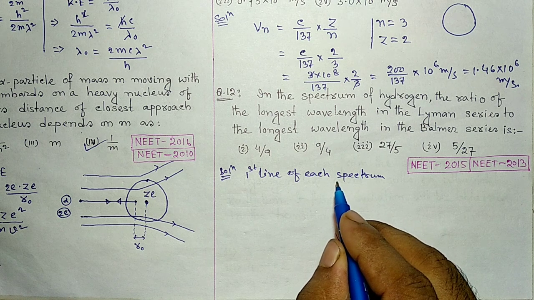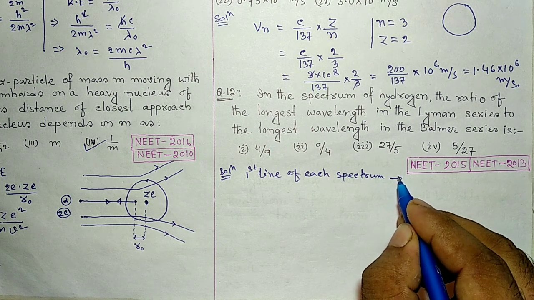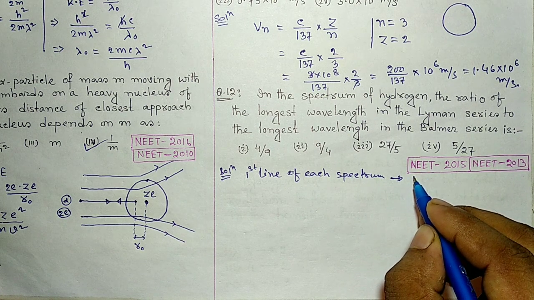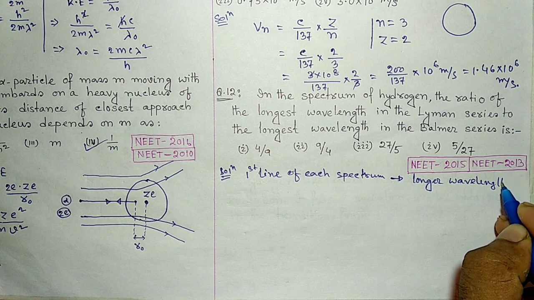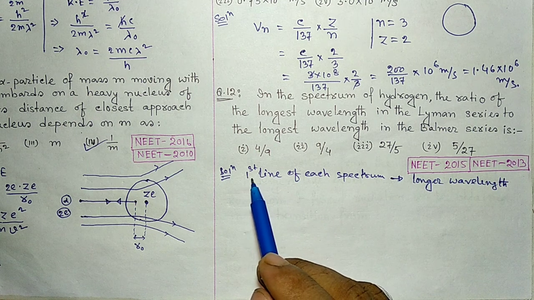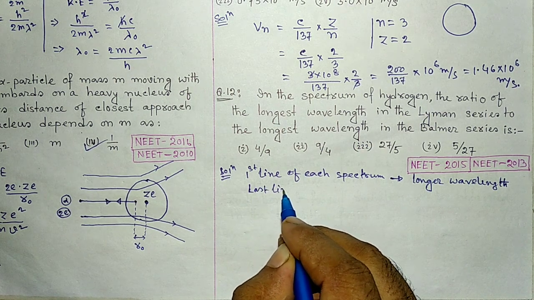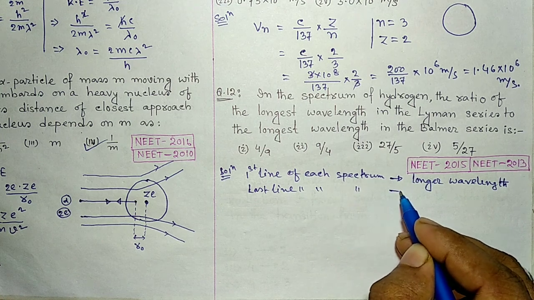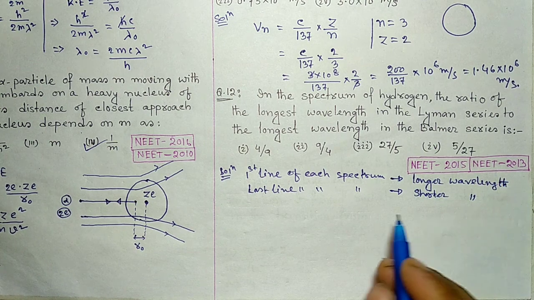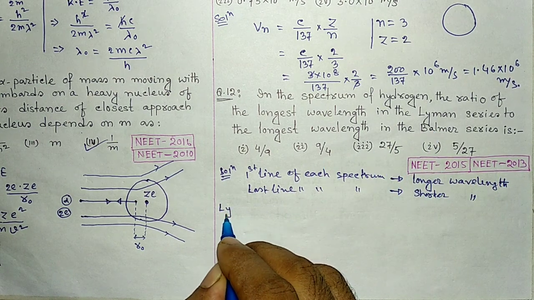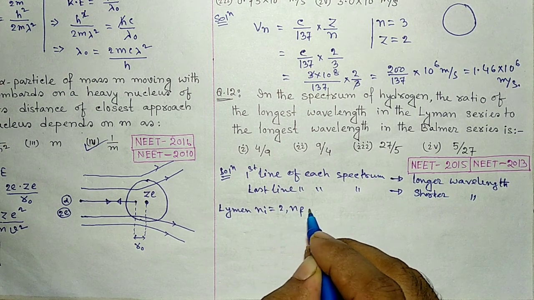For Lyman it will be Ni equals 2, Nf equals 1. The last line of each spectrum will have the shorter wavelength.